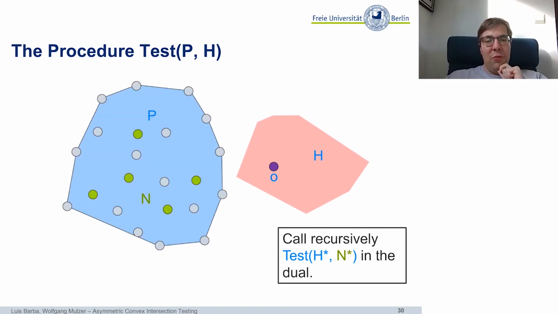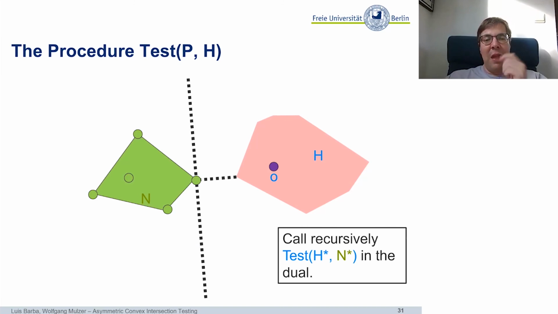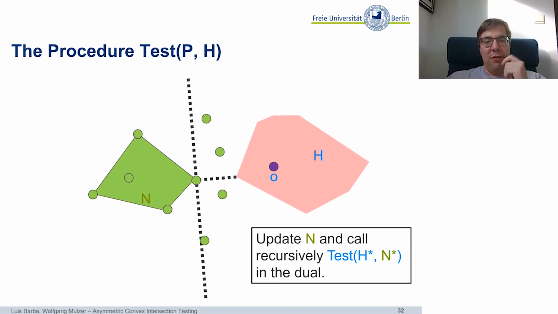And now there are two things that can happen. So it may be that the sample N and H have disjoint convex hulls. And now we do just the same as in the LP type algorithm. So we look at the hyperplane that is perpendicular to the closest pair, we take all the violating points and we add them to the sample and we recurse again.